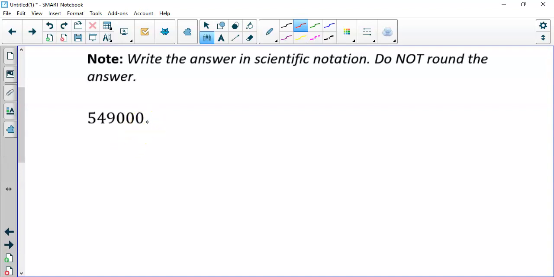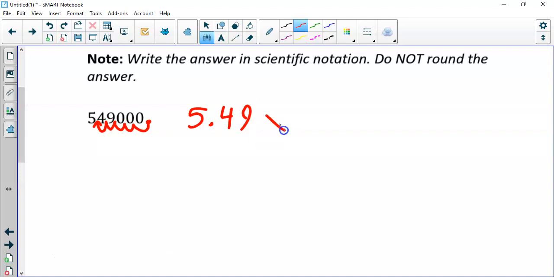So my decimal is right here. I keep moving it until I get between the number 1 and 10, which is why I need to go between the 5 and the 4. Because that will give me 5.49. And that number is between 1 and 10, right? Good.